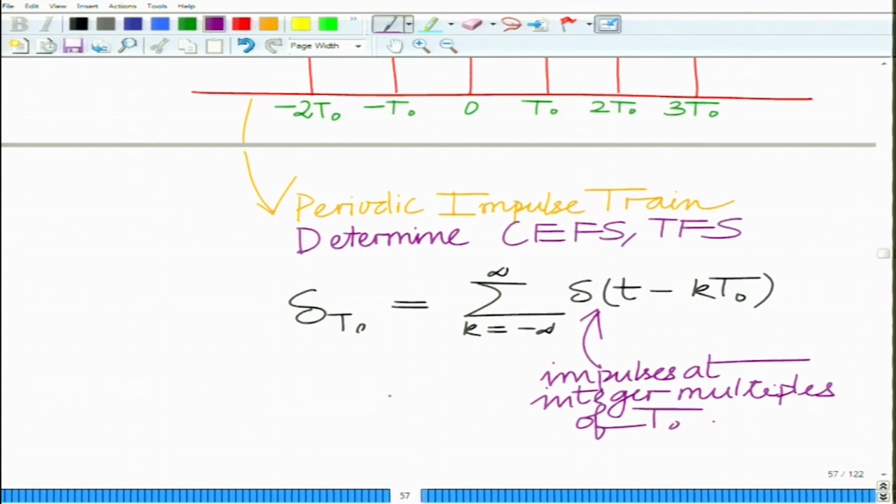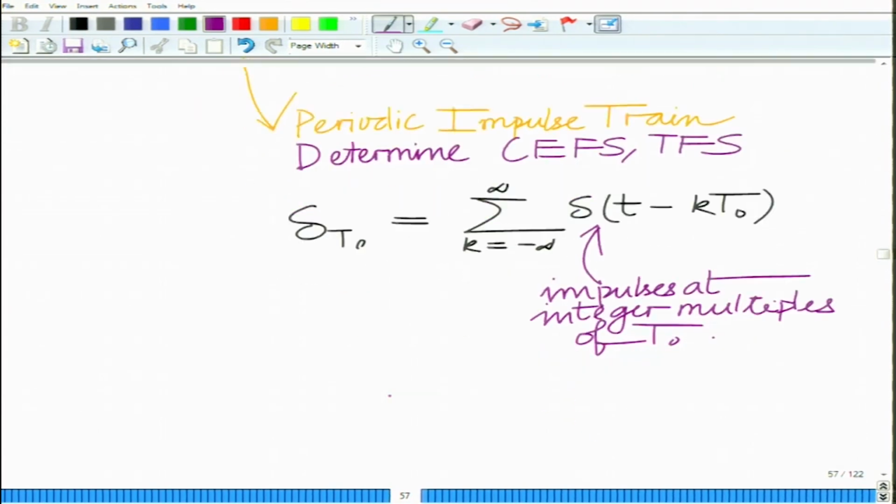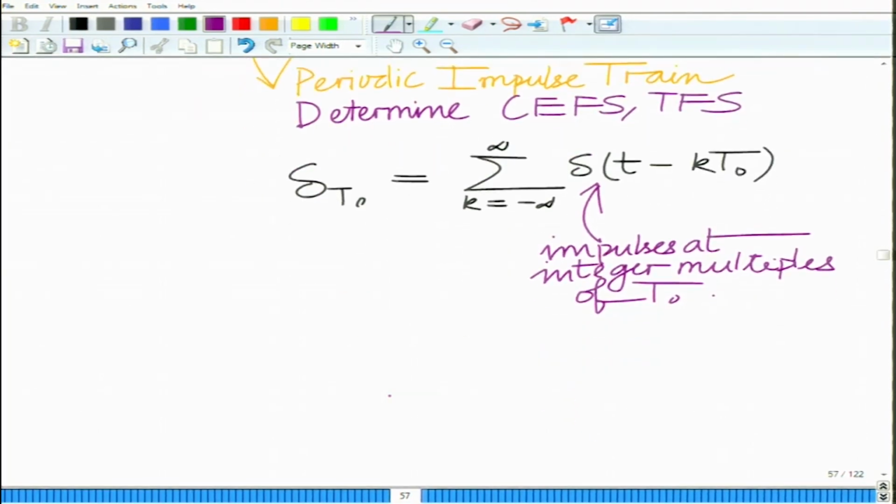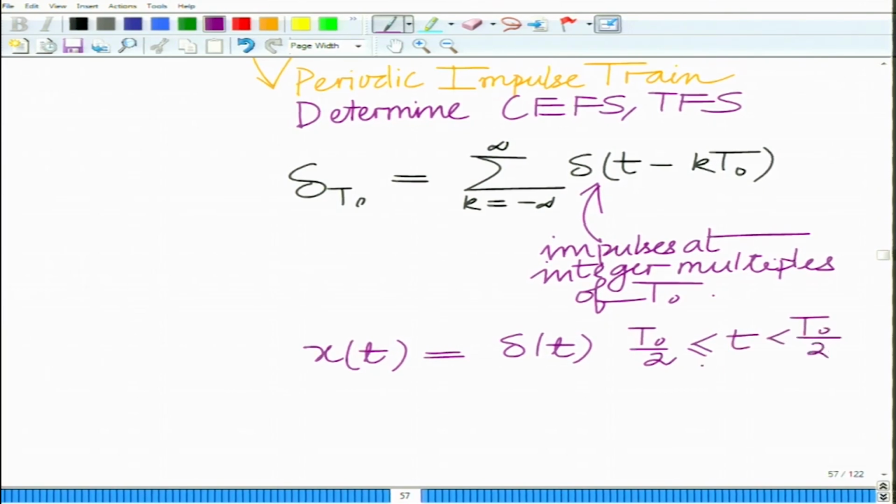Now, if you look at any particular period, for instance minus t naught over 2 to t naught over 2, this is simply delta of t for minus t naught over 2 less than or equal to t less than t naught over 2. So, this is simply the delta of t if you look at one contiguous interval of duration t naught.